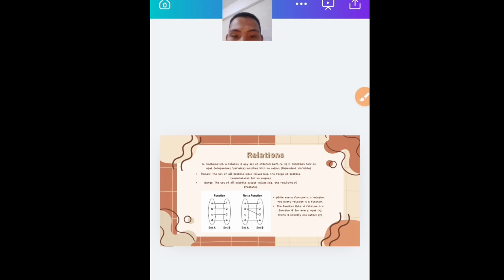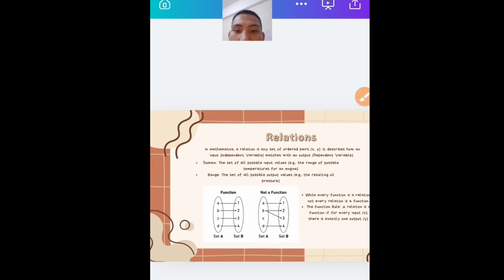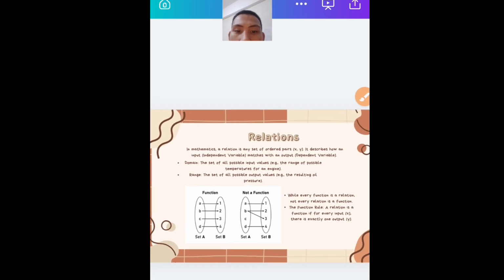So next, relations in mathematics. A relation is any set of ordered pairs x and y, described as an input (independent variable) that matches with an output (dependent variable). Domain is the set of possible input values, like the range of possible temperatures for an engine.